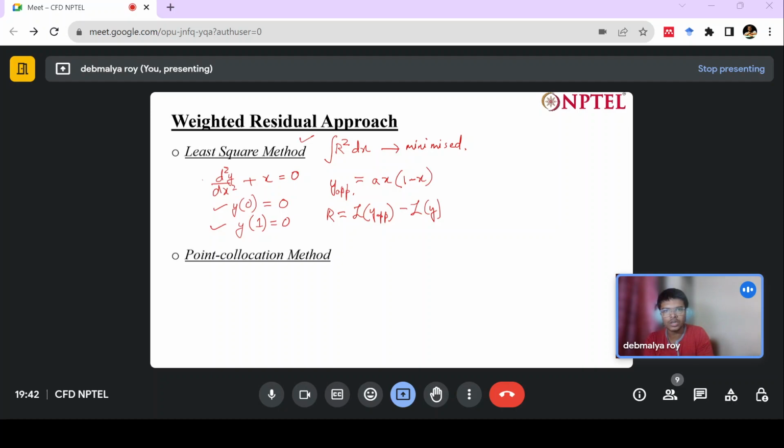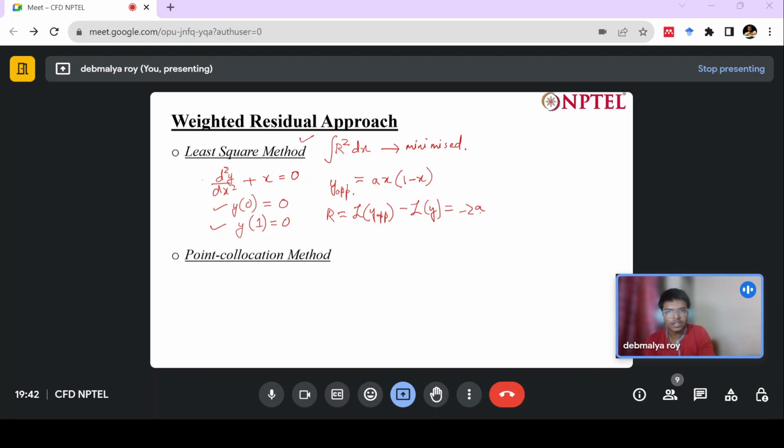What is that one term? The quadratic term, because we are differentiating two times. The first linear term will disappear in the second derivative, and only this quadratic term in x will remain. So what will be the residual? The residual will be minus 2a. You can check if it is correct, let me know if it is not. So this will be the residual that will remain.